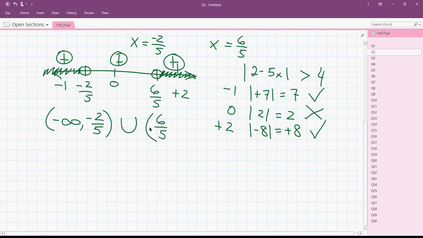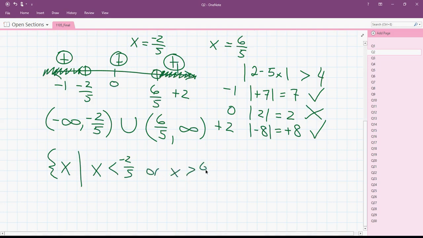Again, since it's an open circle, rounded parenthesis, and goes off to infinity. In set builder notation, we have x such that x is less than negative 2/5, representing the left side, or x is greater than 6/5, representing our right side.